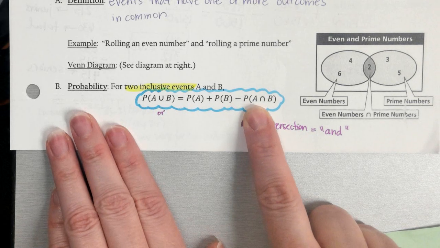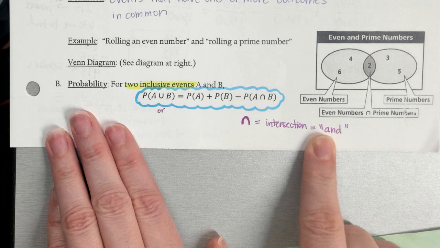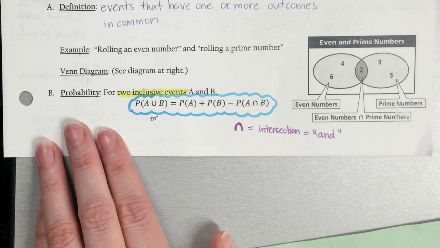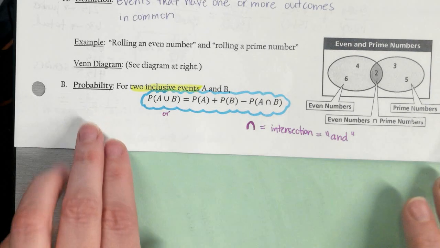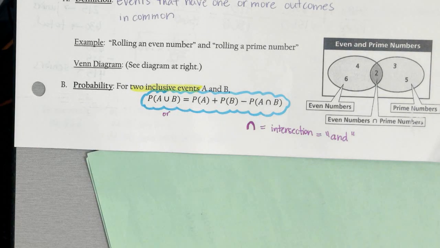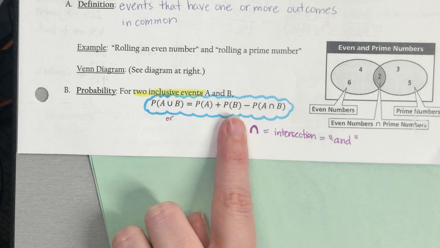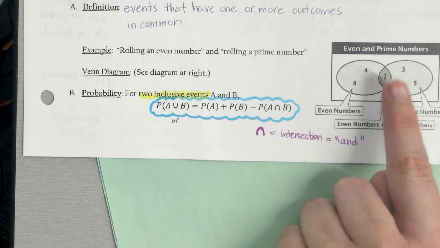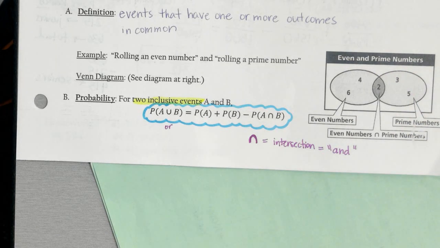This means the intersection of A and B. So you're going to have to subtract the overlap, and the reason why is because it's being counted twice. It's being counted in the probability of A and the probability of B, right? Because 2 is in both of these circles, really ovals. So because it's counted twice.